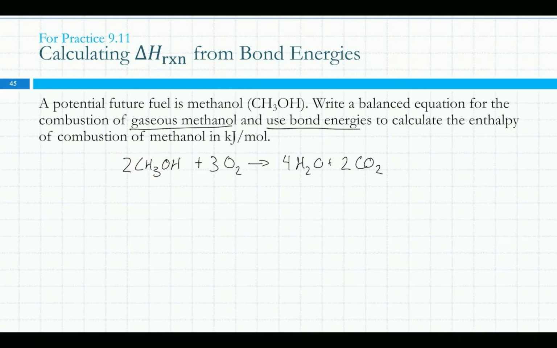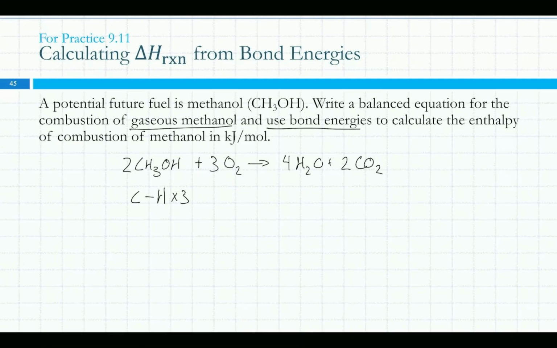Okay, so now to do this, we need to figure out first how many bonds am I breaking? Bonds of each type, really. So I've got carbon-hydrogen bonds, because the CH3, the carbon has 3 hydrogens on it. How many carbon-hydrogen bonds do I have in my products? None. So I need to break all of those carbon-hydrogen bonds. So that's going to be carbon-hydrogen bonds times 3.